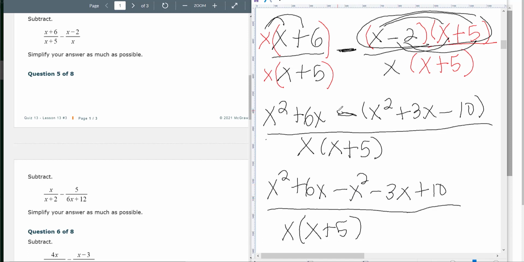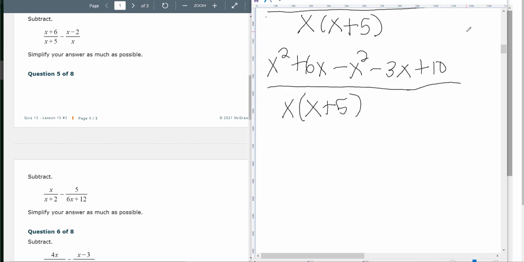So this is the important thing, is that this minus gets applied to all of these after I multiply them. Now if I combine like terms, x squared minus x squared is 0. 6 minus 3 gives me 3x plus 10 over x times x plus 5.